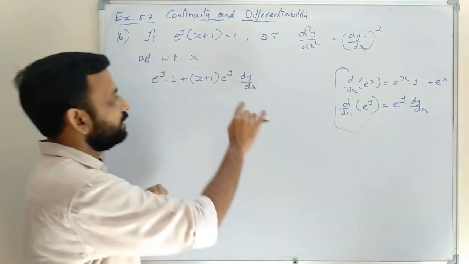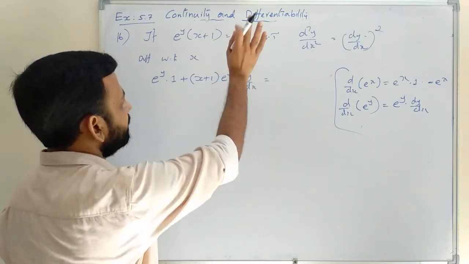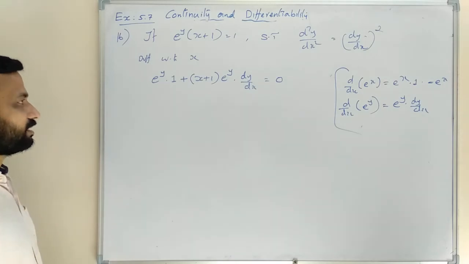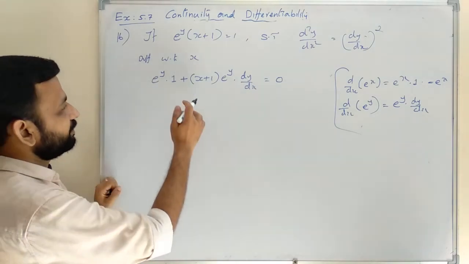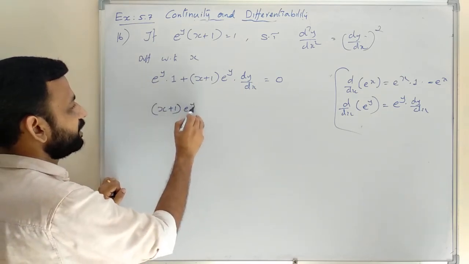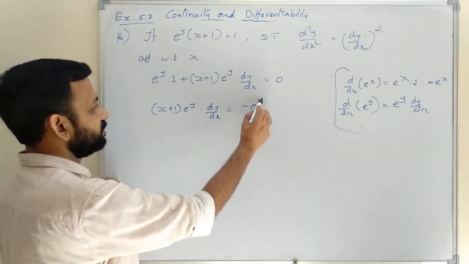So e raised to y into dy by dx equal to the right side derivative of 1, that is 0. Now we can take e raised to y from left to right. So we will get x plus 1 into e raised to y into dy by dx is equal to minus e raised to y.